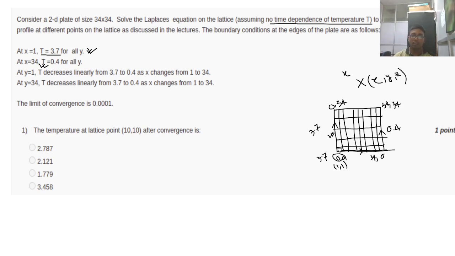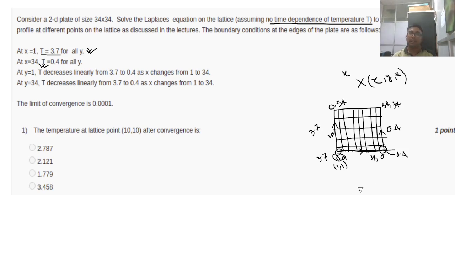So here the temperature is 3.7 along this direction, and the temperature decreases linearly to have a value of 0.4 at the end point along the direction. So we have to find an equation which will give us the value of temperature at each of the points along this boundary.